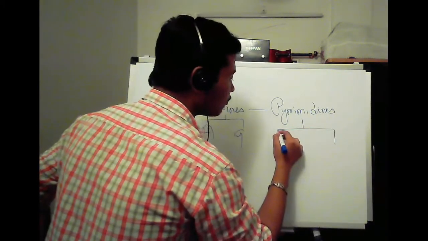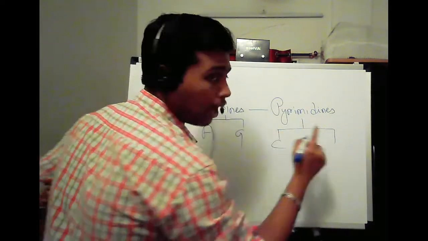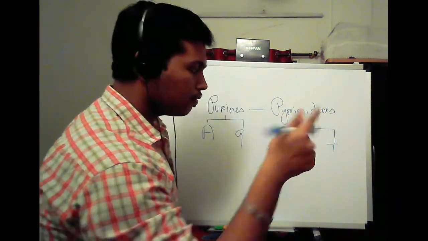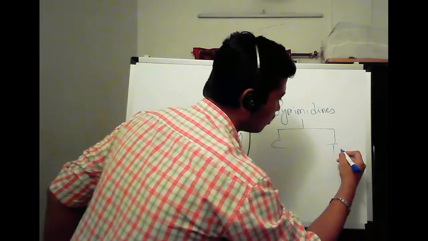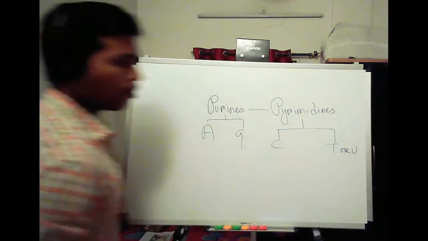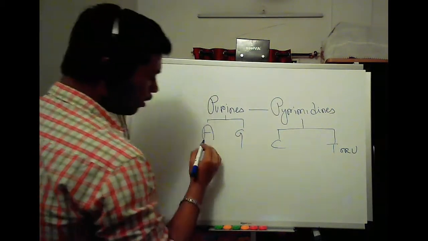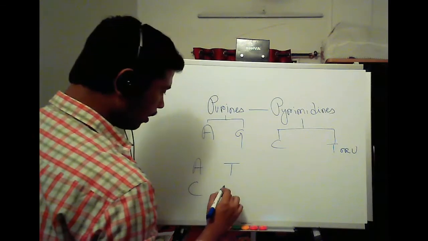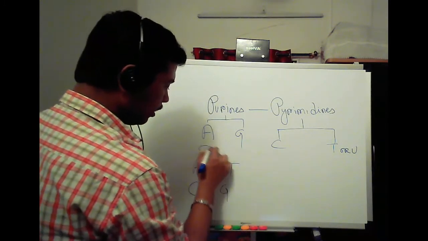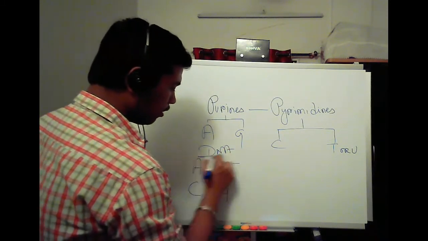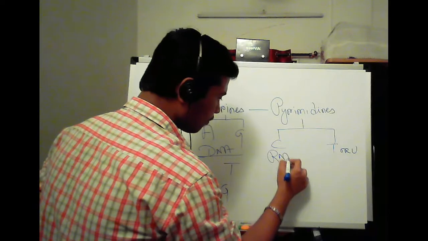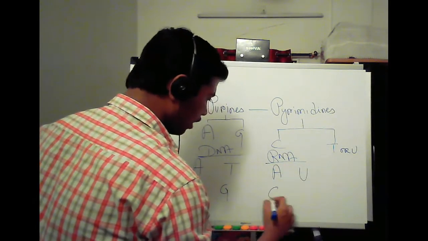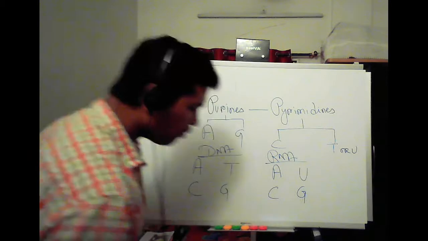Pyrimidines consist of cytosine and thymine or uracil. So over here, adenine always binds to thymine, cytosine binds to guanine in DNA, but in RNA, adenine binds to uracil and cytosine binds to guanine as usual.